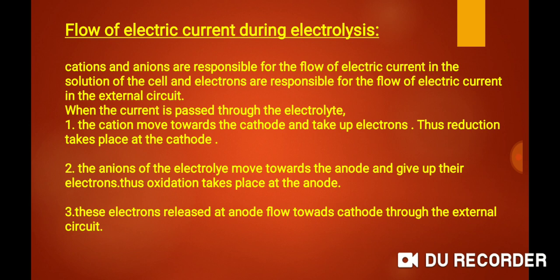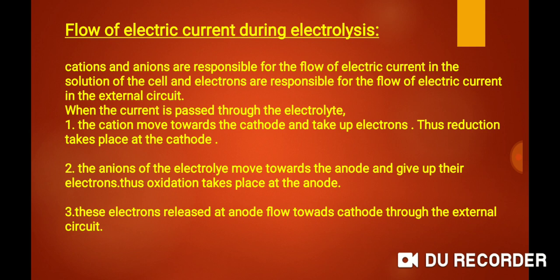Now, let us see how the flow of current takes place during electrolysis. Cations and anions are responsible for the flow of electric current in the solution of the cell, and the electrons are responsible for the flow of electric current in the external circuit. So when the electric current is passed through the electrolyte, first, the cation moves towards the cathode, takes up electrons and gets reduced.